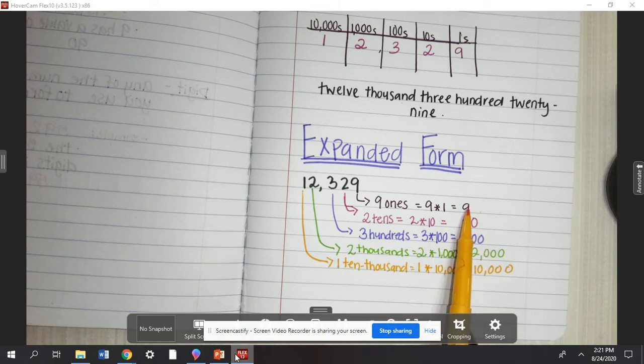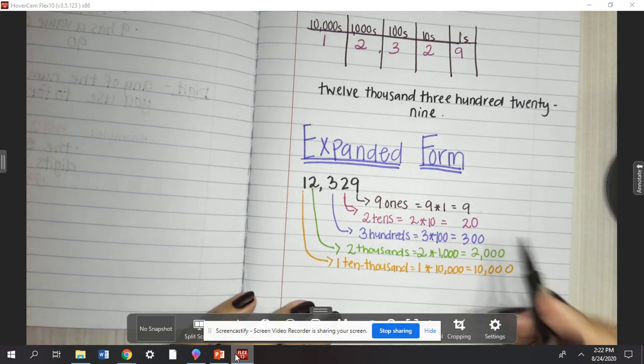Every time I went to the next place value, I added an extra place, right? And so expanded form is just taking the value of each of those digits and we're going to write it here. This is it being expanded. So how do I write it fully in expanded form?